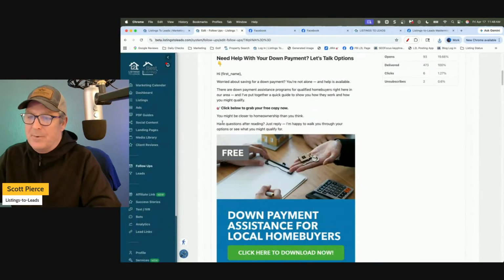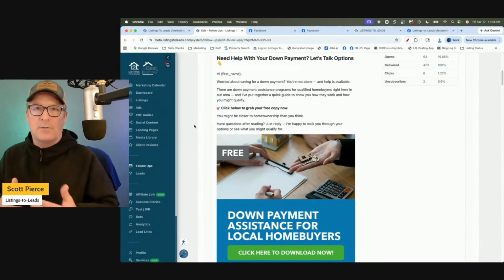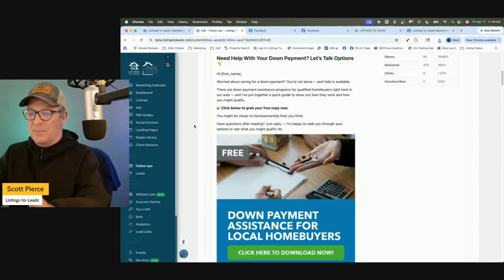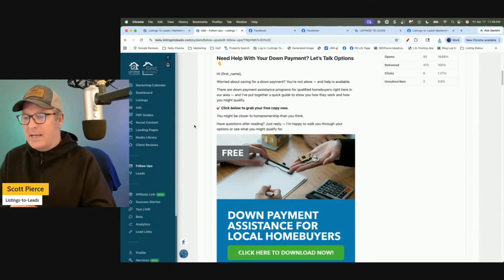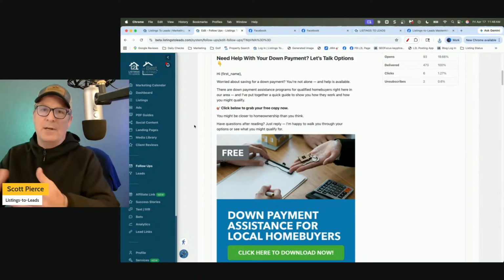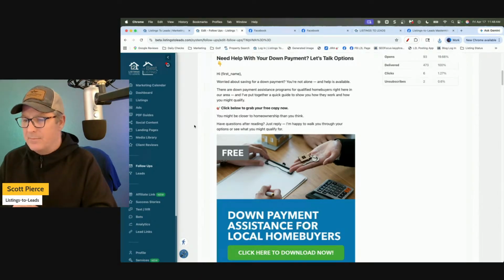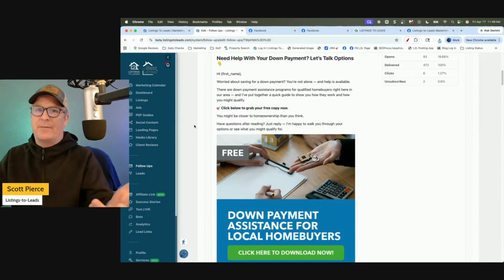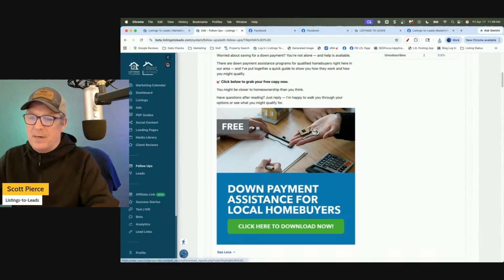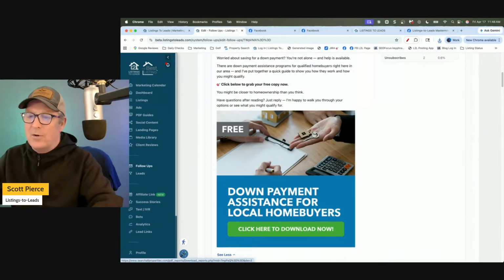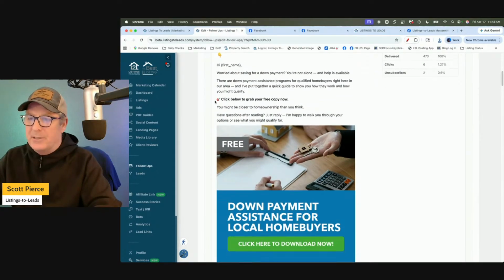So whatever colors your branding has, black and gold, it'll be black and gold. Red and yellow or red and gray, it'll be red and gray. Blue and black, it'll be blue and black, whatever. So these will all be branded to both your colors and your logo, your picture, and all your contact information.